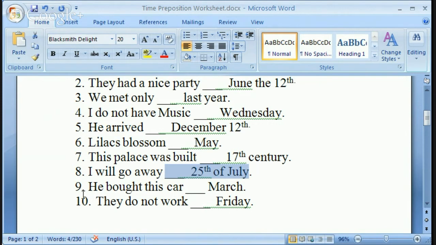Okay, Javier, number 9. He bought this car on March. No. Okay, a larger period of time, if it's a date or a day, that's when we use on. If it's some larger period of time, a year, a month, we use in.